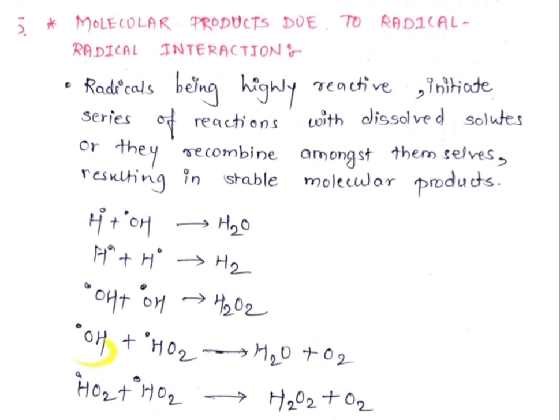When OH radical plus O2H radical combine, they form water and O2. And the last reaction is O2H radical plus O2H radical, which forms H2O2 and oxygen, O2. So simply by recombining the free radicals, we form the molecular products this way.